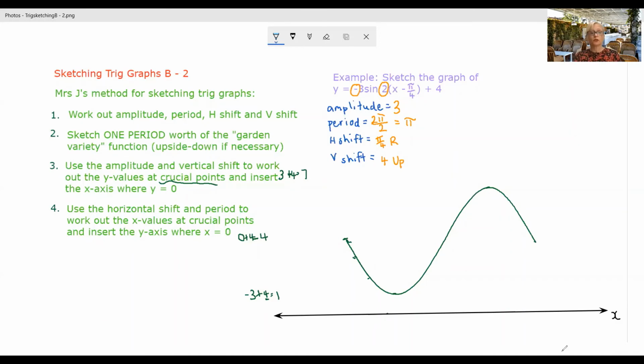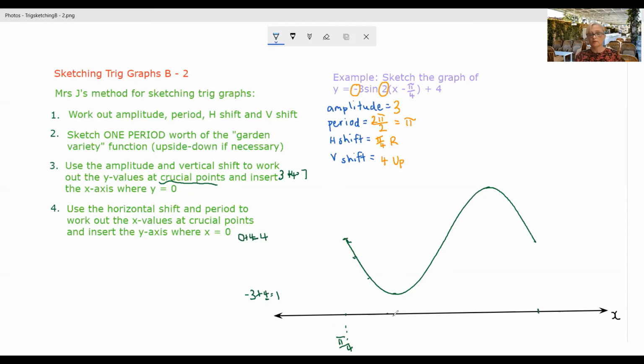Now we're going to use our horizontal shift and the period to work out the x values again at the crucial points. Now by crucial points, I mean at the start and the end and halfway in between. So the x value here would normally be at 0, of course, but because we've had a horizontal shift of pi on 4, that's now pi on 4. The period is pi.